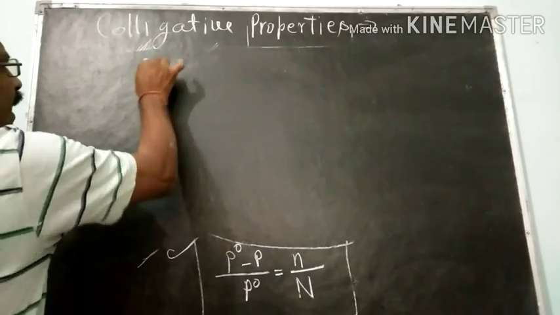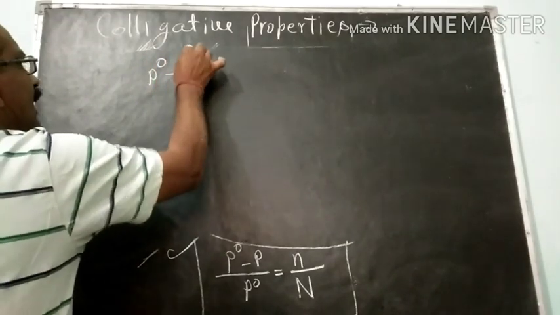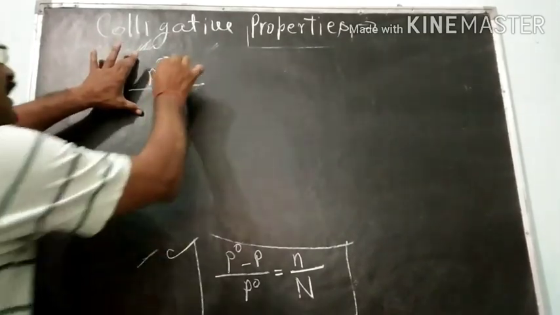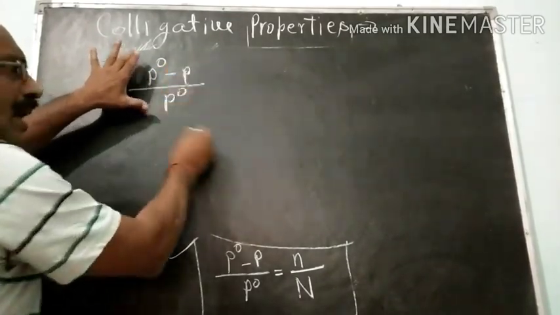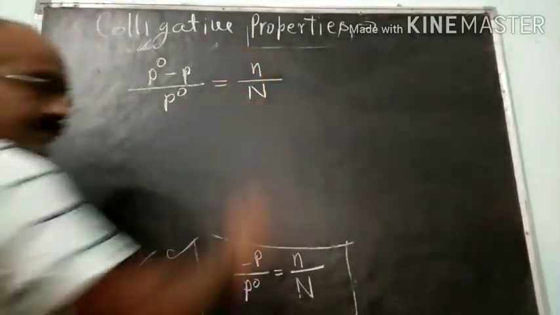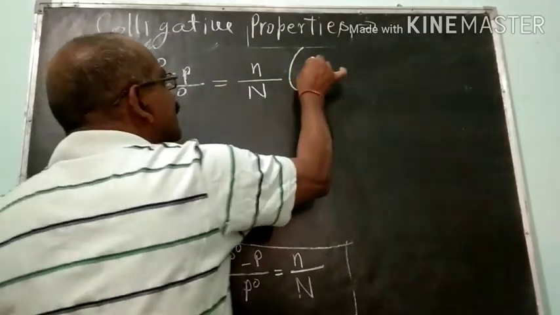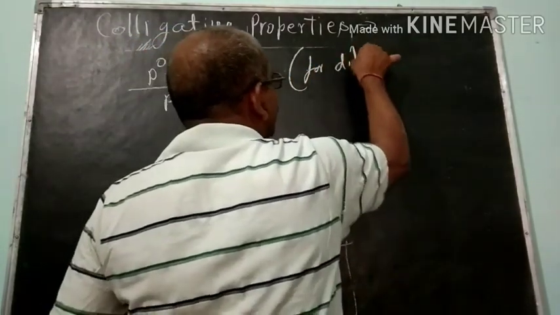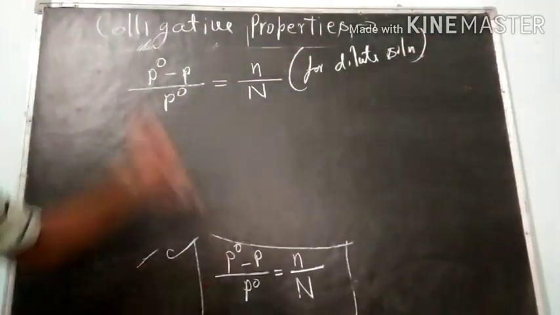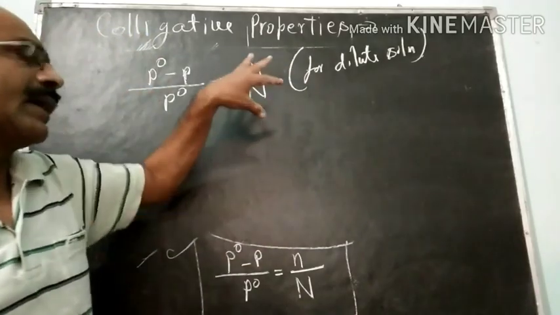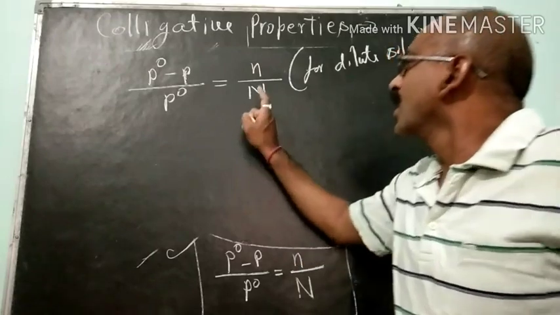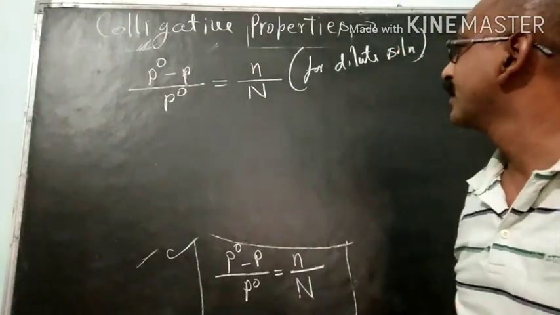See, here it is P naught minus P over P naught, meaning relative lowering in vapor pressure, is equal to n over N. This is the case for dilute solution, okay, because here we are neglecting the number of moles of solute in comparison to the total number of moles of the solvent.